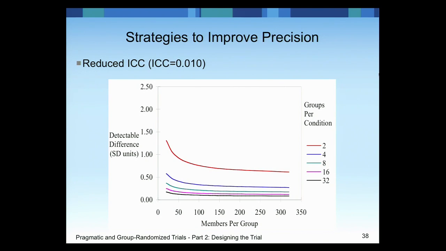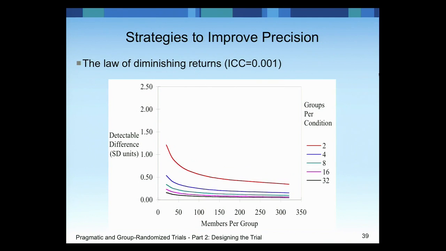Generally don't recommend that. If we shrink the interclass correlation by another order of magnitude, the lines drop a little bit more, not as much, and you're starting to see the law of diminishing returns at work. If we dropped it another order of magnitude, the lines would hardly move. So once you get the interclass correlation down to this level, 0.001 or so, there's not a great deal of benefit out of getting it to be much smaller.